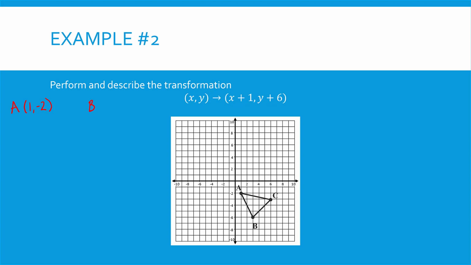B is 3, -6. And C is 6, -3. I'm going to start with that, and then perform this transformation.